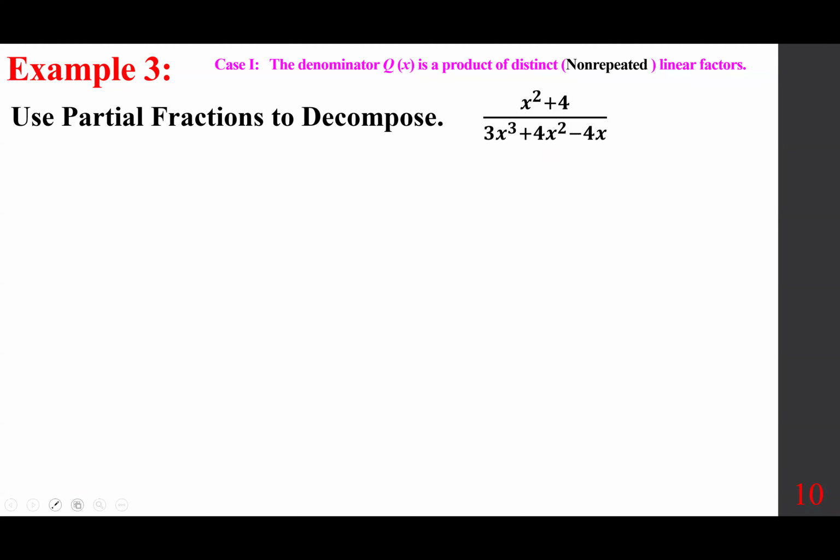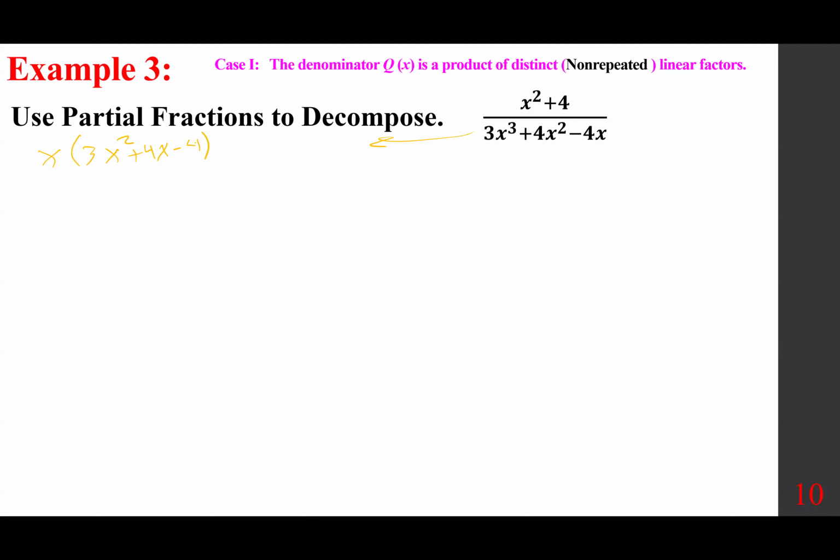First and foremost, notice class, I can take the x out: 3x squared plus 4x minus 4. That's the first thing. Very simple.